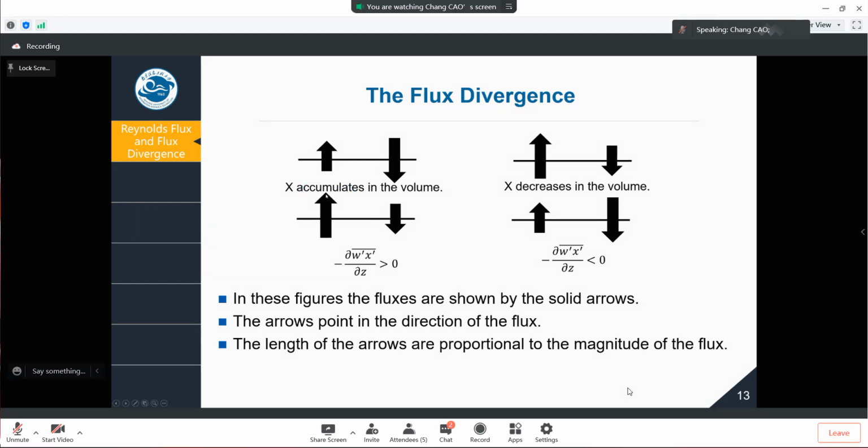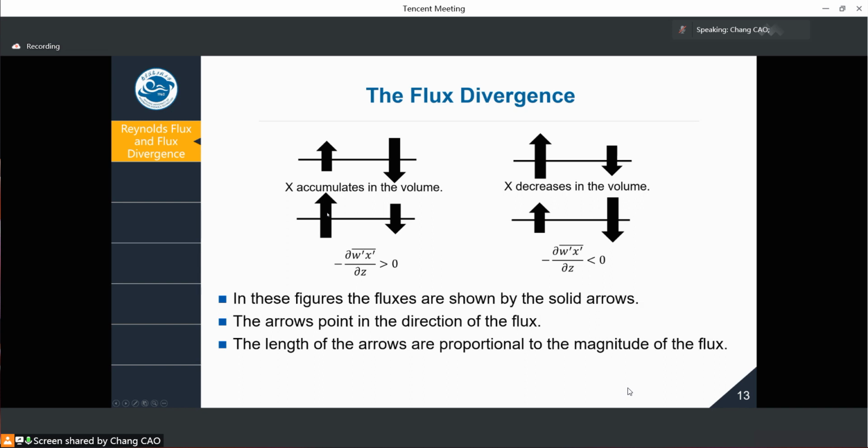Because this one has a longer length, right? It means that it has much more flux. And please also remember that by definition, upward pointing arrows represent upward fluxes, and these are by convention defined as positive. So compared with these two arrows, of course, this one has much more positive flux. Okay, that's correct.